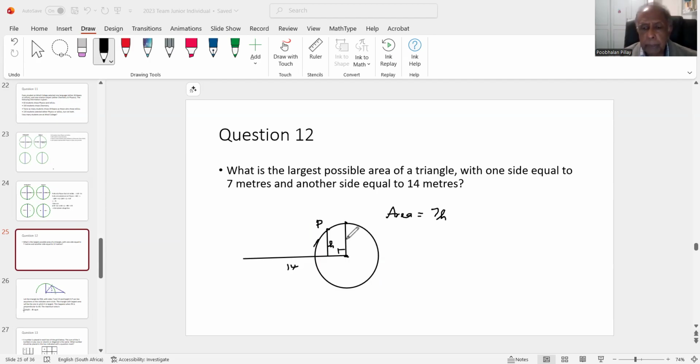So now you want to know the area of this triangle, but now it's just a right angle triangle. The area of a right angle triangle is half base times height, and the height is now 7 because that thing is perpendicular. So the area is 7 times 7, which gives you 49.